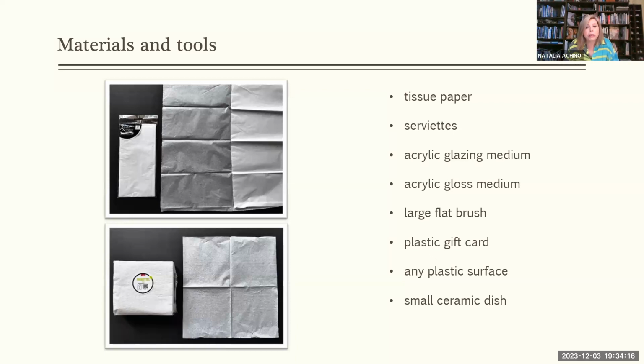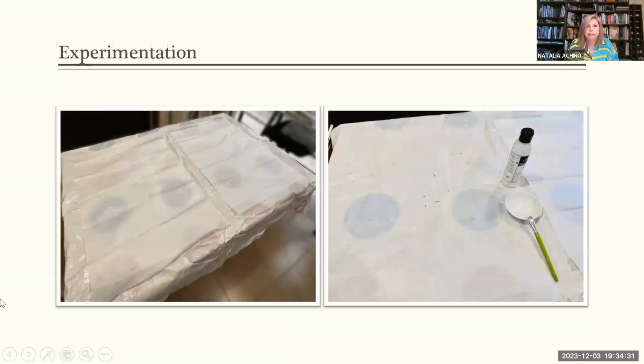A big plastic surface, it can be a bag or whatever you have at home, and a small ceramic dish. So you see that I recycle a lot, and my idea is not to create a big impact on the environment.